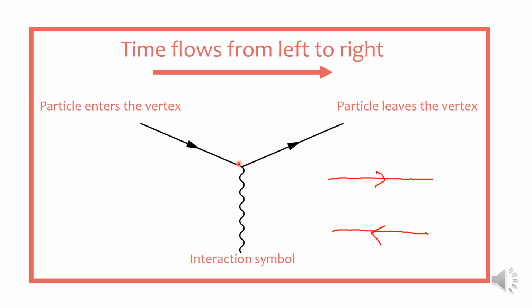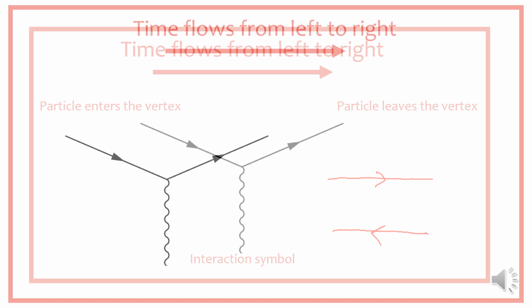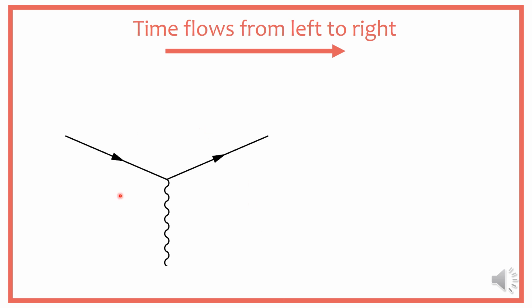Here's the one important rule: when you rotate a diagram, the arrows have to continue pointing in the same direction relative to the vertex. So this one here is pointing into the vertex, this one here is pointing away from the vertex. That's really important. Now, here is our Feynman vertex from last slide, and what I'm going to do is slowly rotate it around, and then display the three possible Feynman vertices we can develop from this one here.